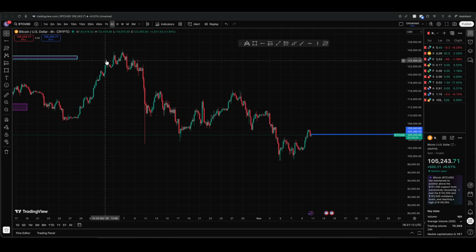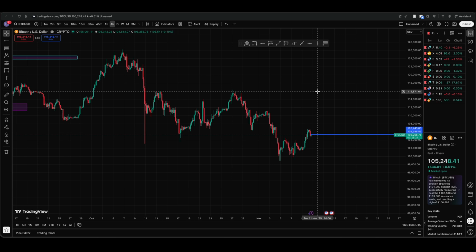The price was in an uptrend, then a downtrend, then slightly an uptrend, then slightly a downtrend. So here we cannot identify any trend, but in the long run we can see that the price was in the downtrend. But in the short term, if we look at 1 day or 2 days, the price was not in an uptrend or a downtrend.